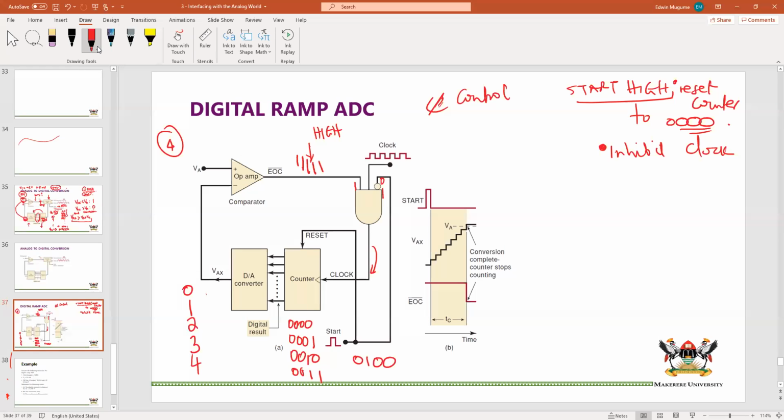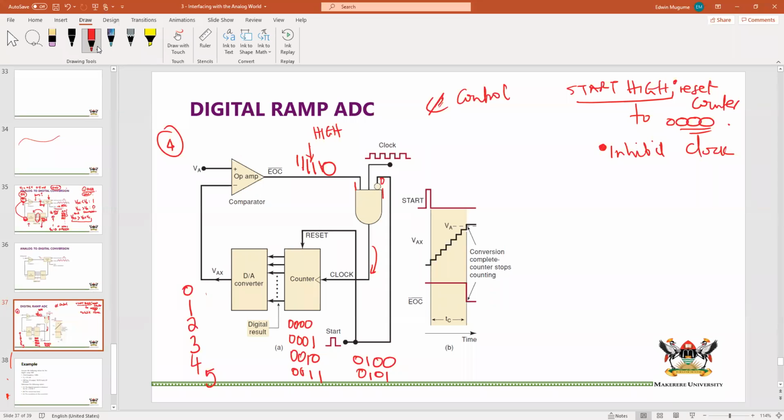We said that it should be greater than 4 by a certain threshold, whatever that threshold is. And we will go to 0101. This will convert to 5. 5 is compared to 4, and surely that is greater than the threshold. The 1 volt between them is greater than the threshold. We have a 0.